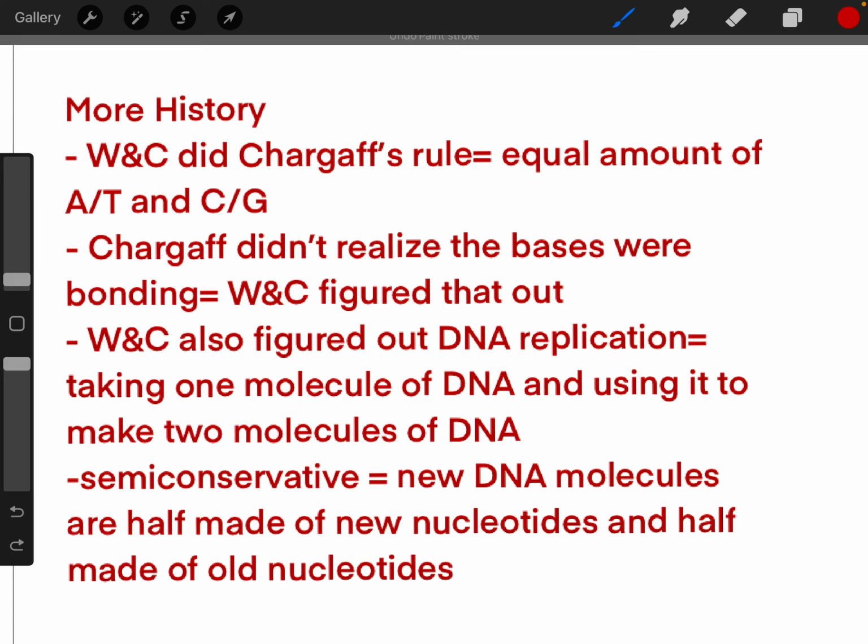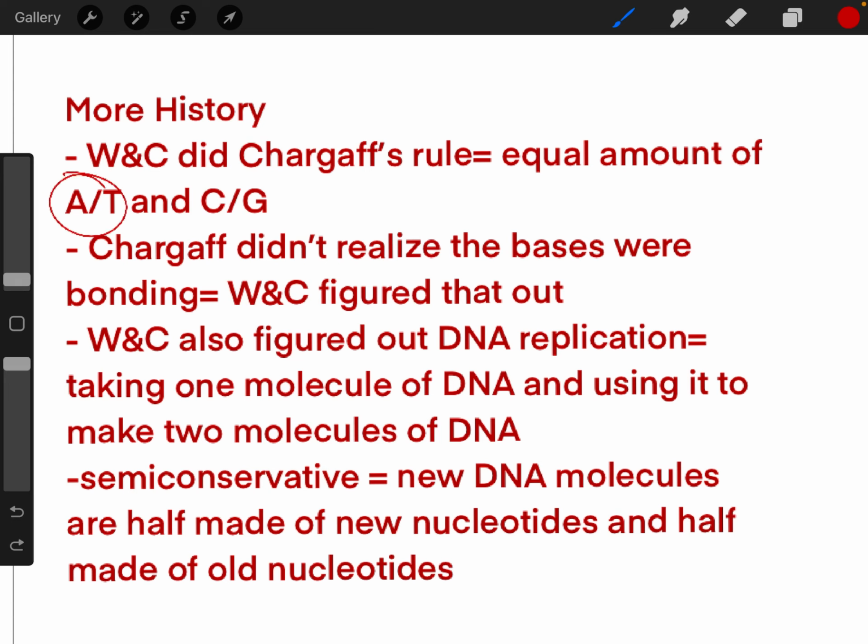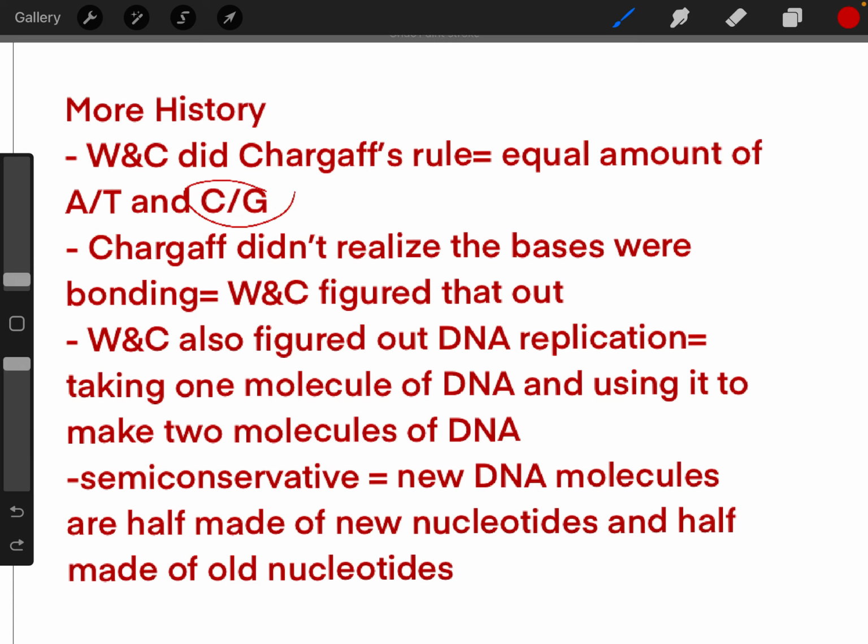They applied Chargaff's rule, which says there are equal amounts of adenine and thymine and equal amounts of cytosine and guanine. A way it can be formulated on the AP test is: let's say you have 20% adenine. How much percent of thymine, cytosine, and guanine do you have?